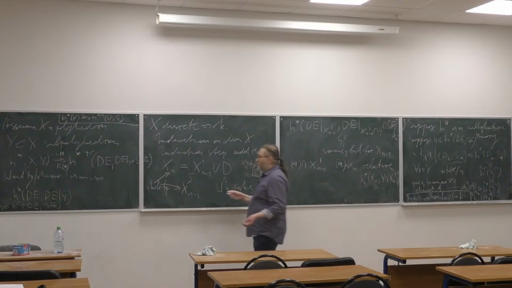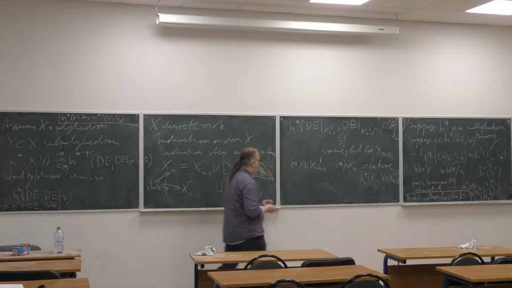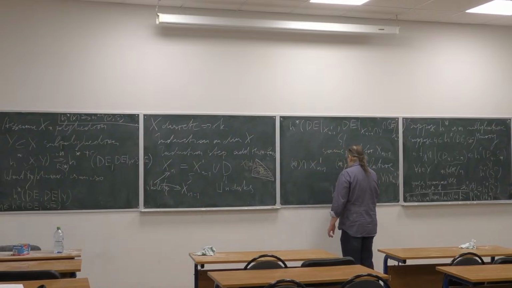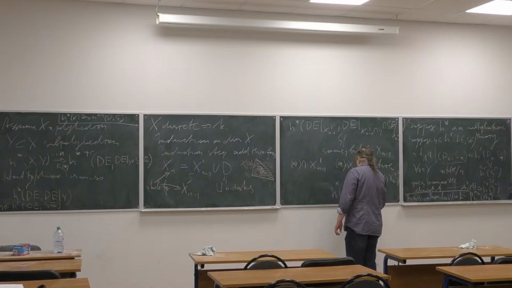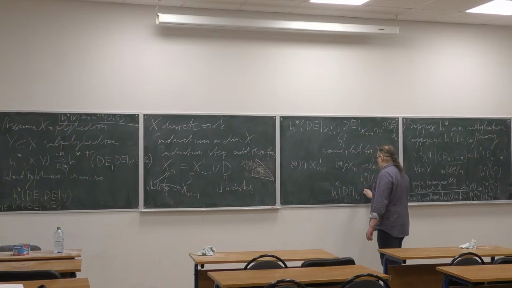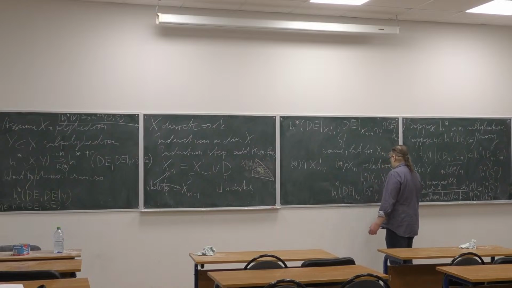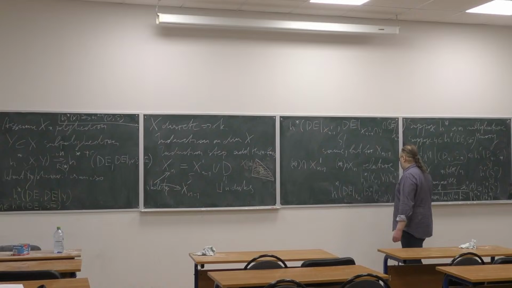And what's the relative version of this? Well, I take dE over x_n, and then I modulo dE x_{n-1}' union y union s e restricted to x restricted to x_n.